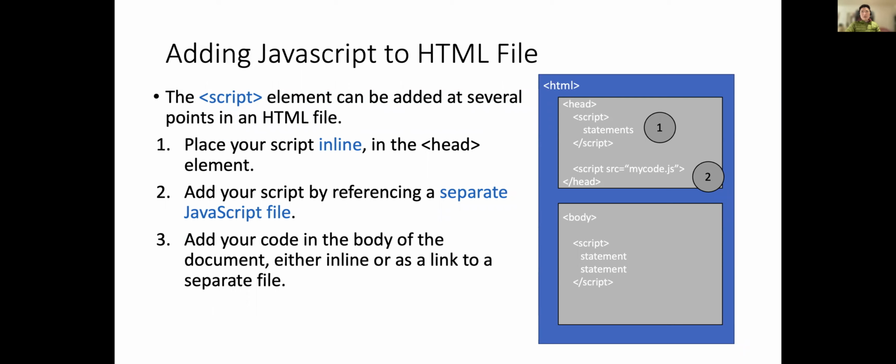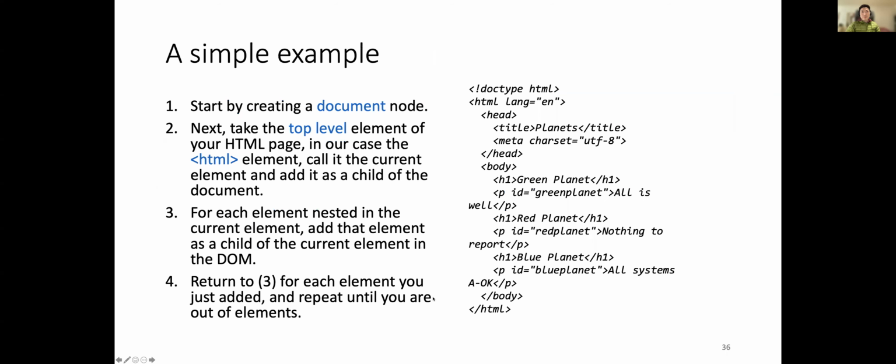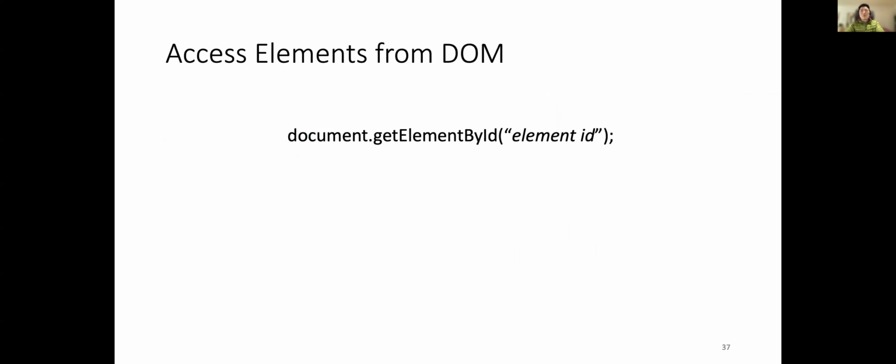In our case, we need a script tag in the head but also some script inside the body as well to show the validation. They are for different purposes, which we'll see a bit later. Okay, and so that's a simple example.